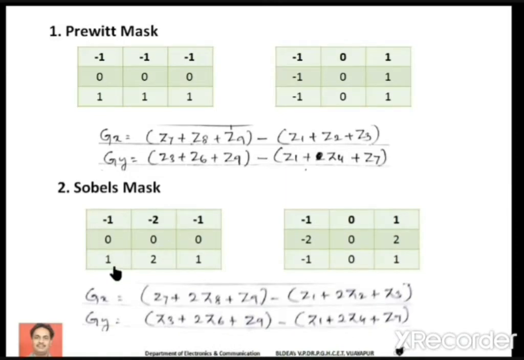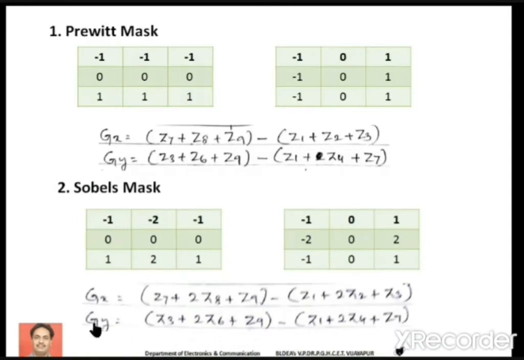In the third row we have Z7, I'm going to write Z7 as it is, but here, as we have 2, I'll write plus 2Z8 plus Z9, minus the first row values: Z1 plus 2Z2 plus Z3. The only difference is that in Prewitt we have Z7 plus Z8 plus Z9, while here it is Z7 plus 2Z8 plus Z9 because of the center value in the mask.